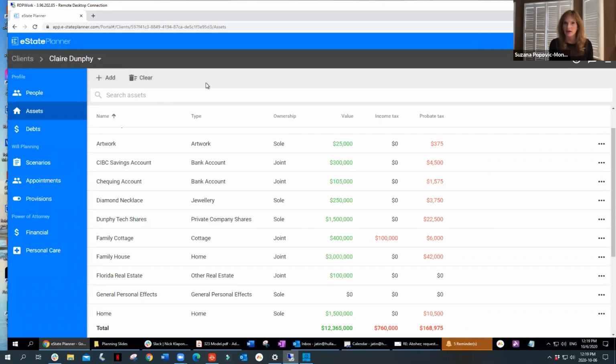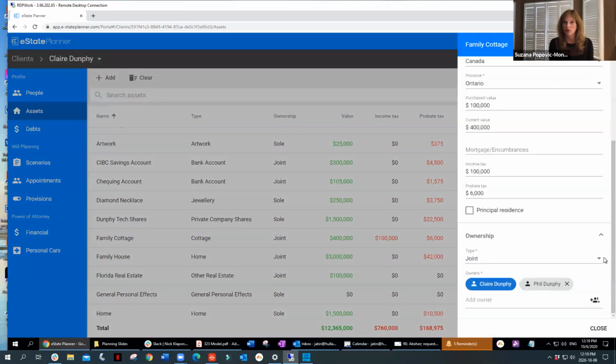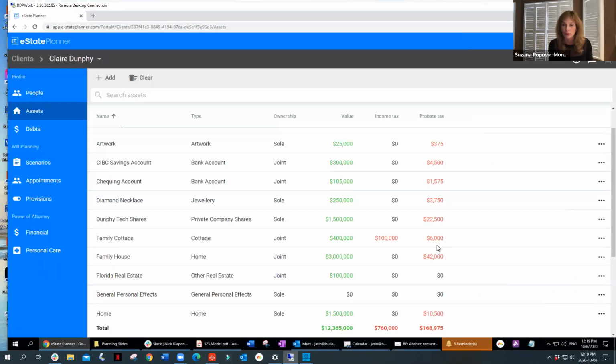And ownership and legal ownership is particularly important when it comes to things like corporate shares, for instance. If you have a corporation and there are shares of that corporation, who is the actual owner of those shares? Is it you personally, or is it someone else, or is it a family trust, or is it some other corporation?